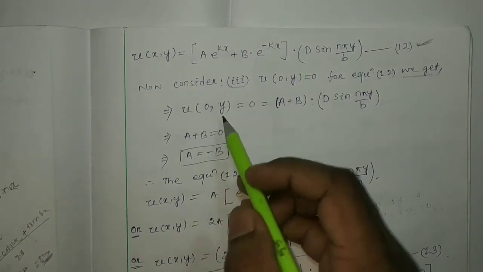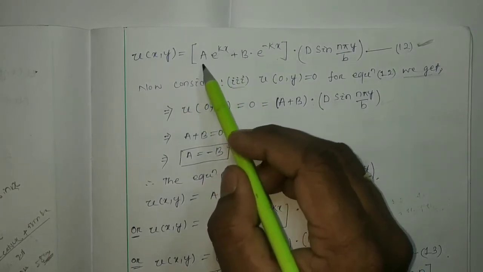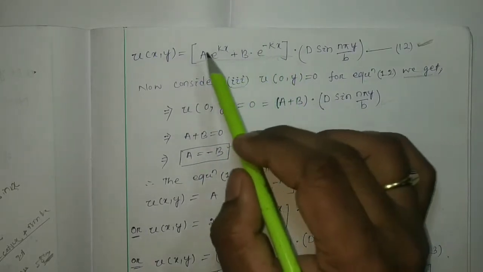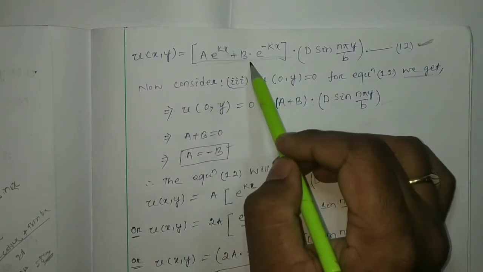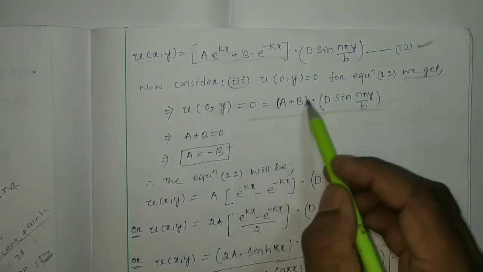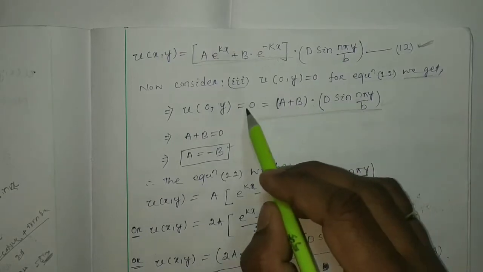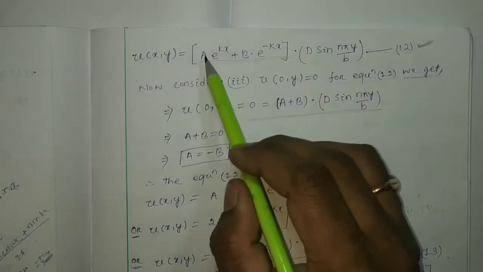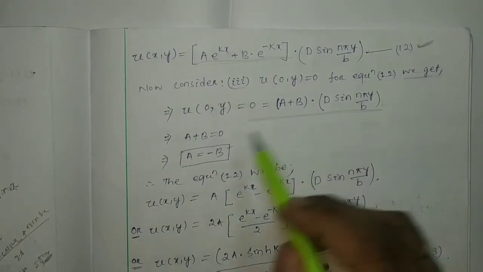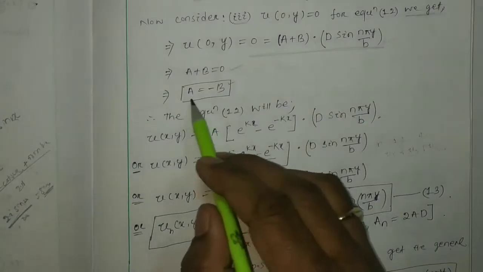We have tailored the x value, so the x value is found in this term. That means we intend to find a and b. In this equation we can consider a plus b equal to 0 or this term equal to 0. But as we intend to find a and b by tailoring the x value, a plus b is going to be considered as 0, right? So a equal to minus b.